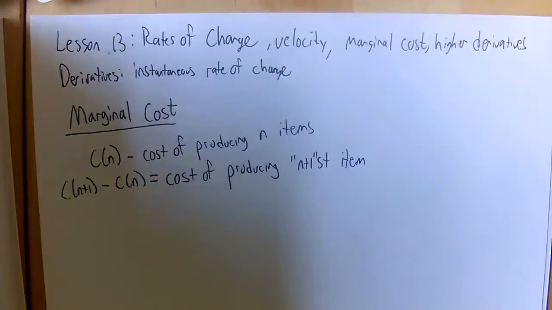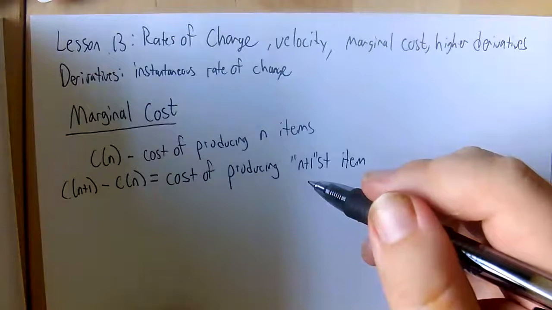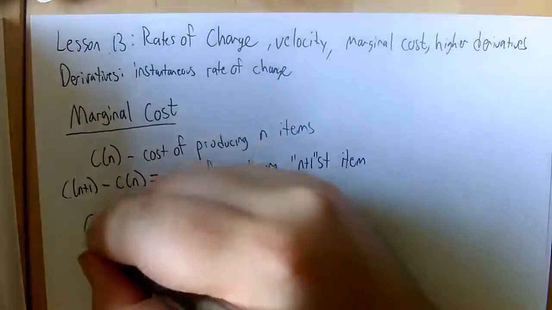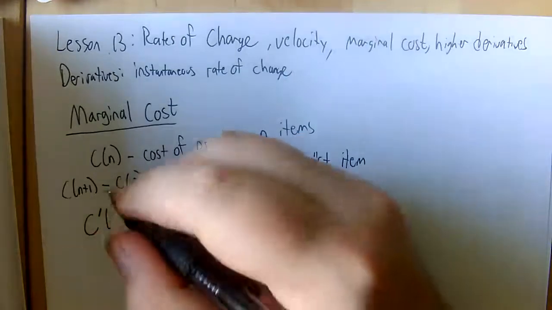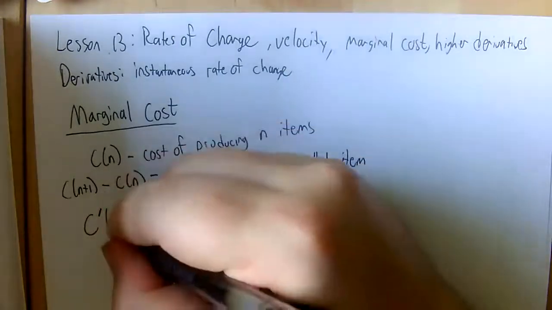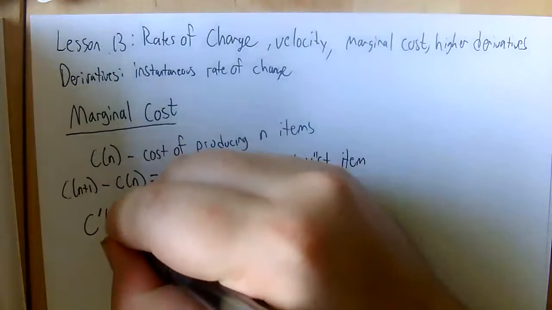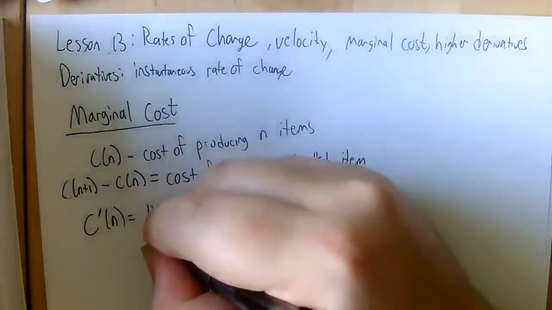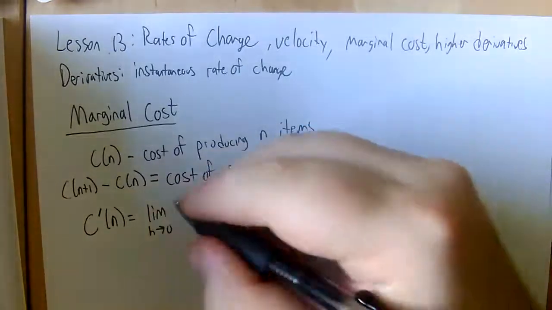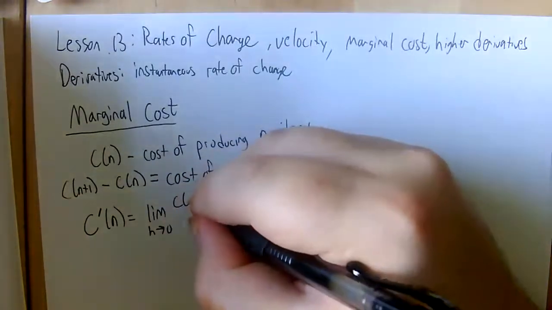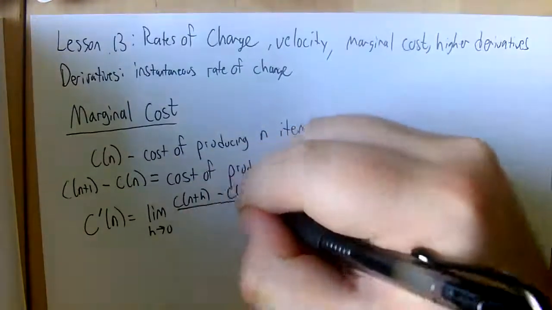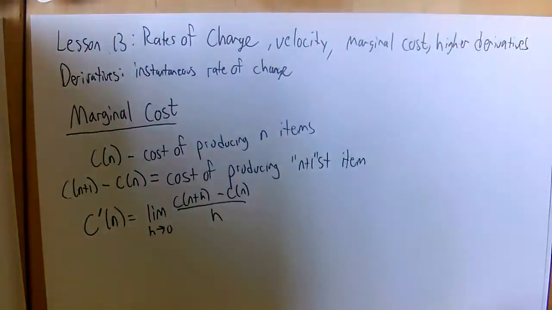This is very similar to what marginal cost is. So marginal cost specifically is going to be the derivative of our cost function. So we have c prime of n. Now, technically, this is the limit as h goes to 0 of c of n plus h minus c of n divided by h.